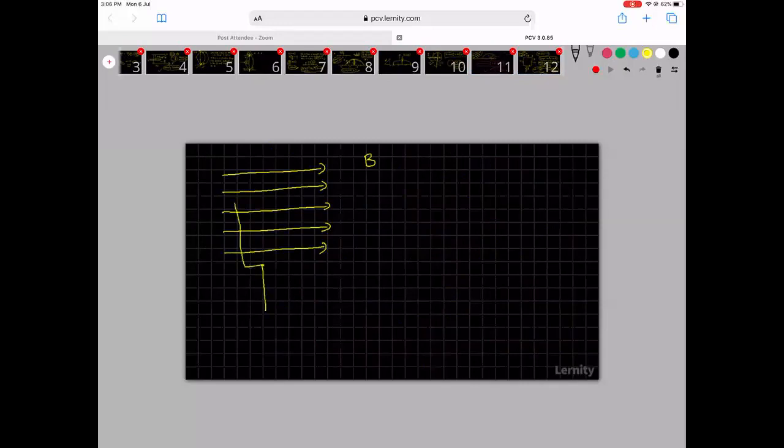So here is the loop of wire which is placed in the magnetic field. Now suppose you pass a current through it. Let me look at this particular wire.